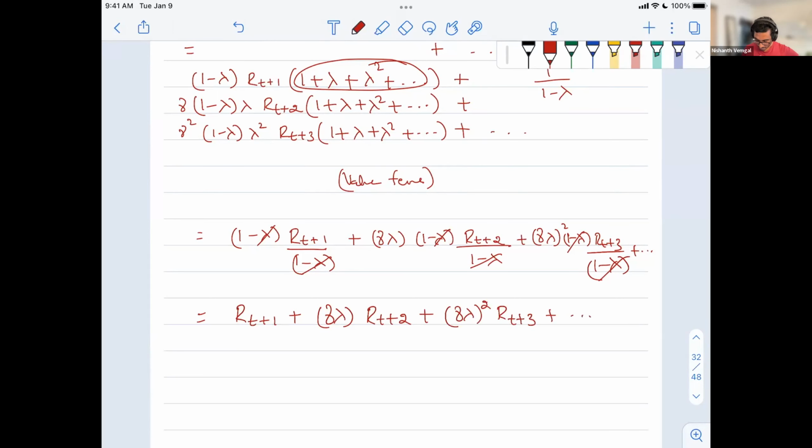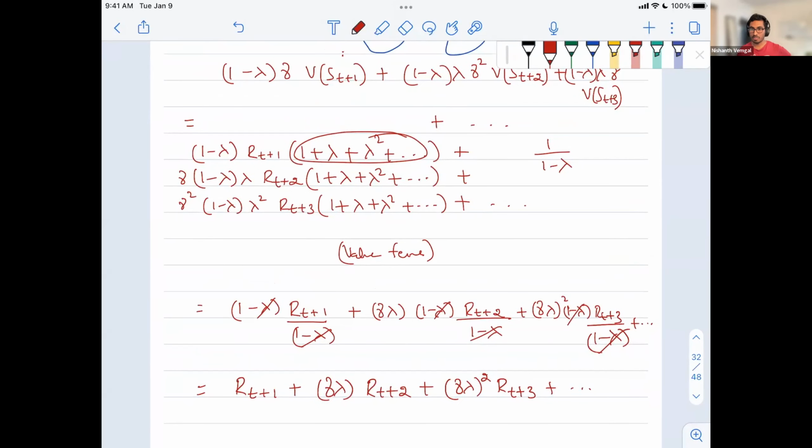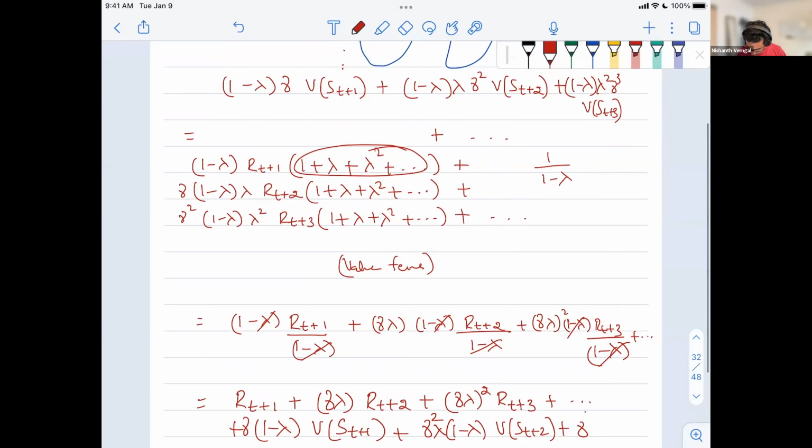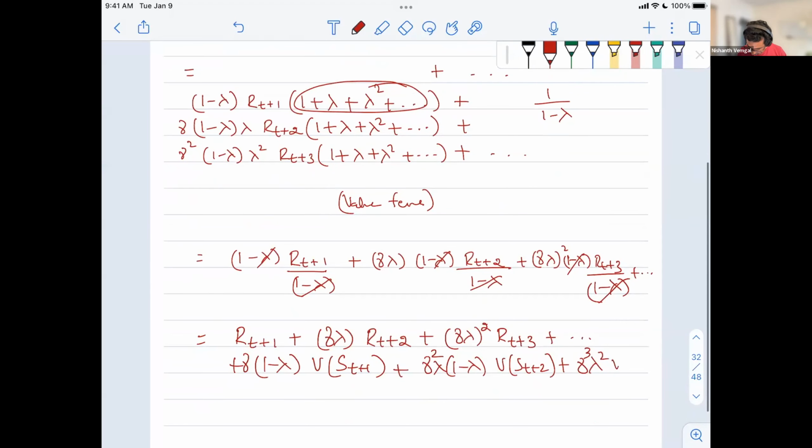and so on. And I'll also rewrite the value terms that we left before, which is 1 minus lambda gamma V(S_{t+1}), gamma square lambda times 1 minus lambda V(S_{t+2}), and so on.